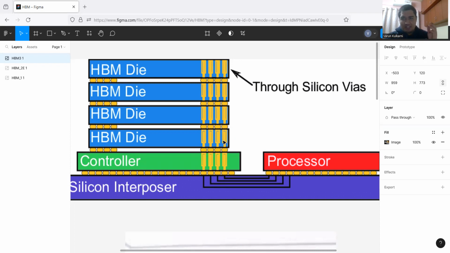Where the previous generation was able to store only hundreds or very few gigabytes, the high bandwidth memory is able to store memory in terabytes, and that too per stack chip. So that's how big of a difference we are able to see in high bandwidth memory.